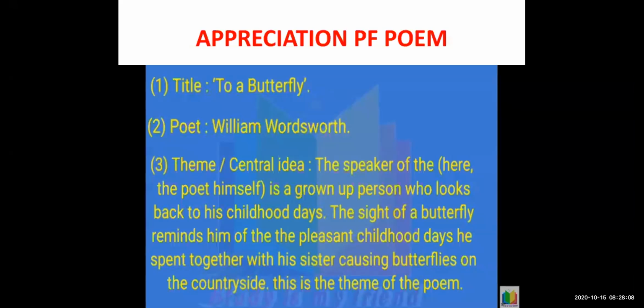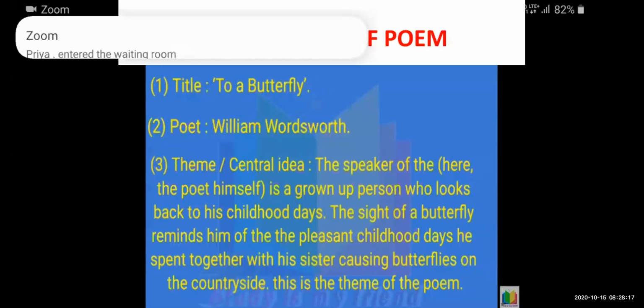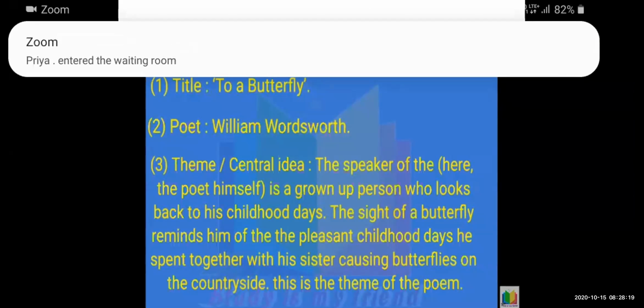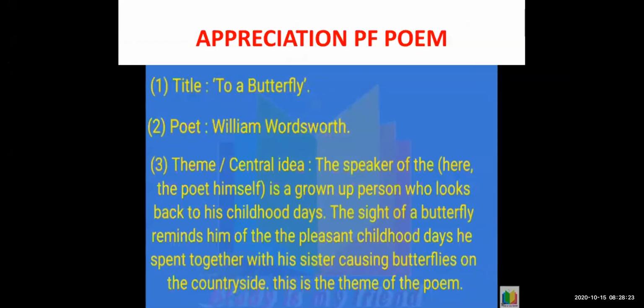The sight of a butterfly reminds him of his pleasant childhood. The sight of those orchards gives the poet great joy. He remembers the sweet days of childhood that he spent together with his sister chasing butterflies.